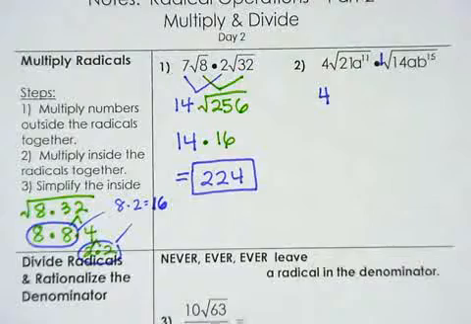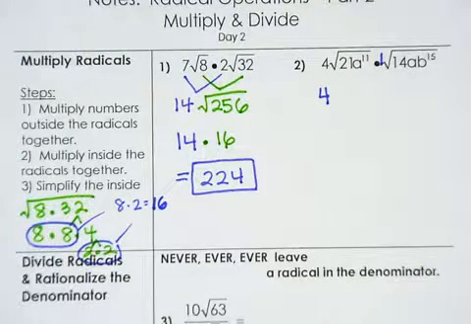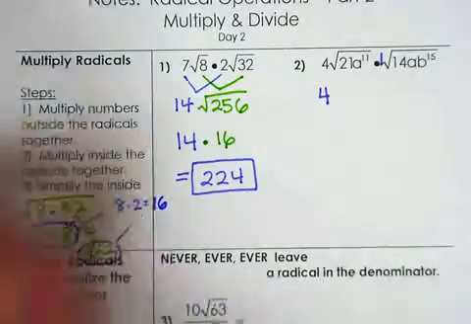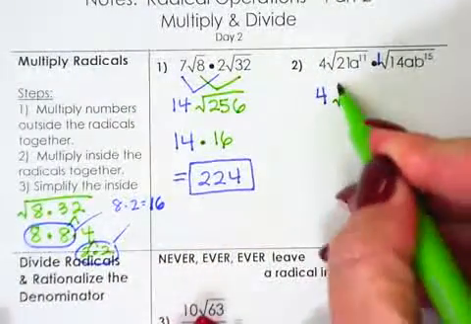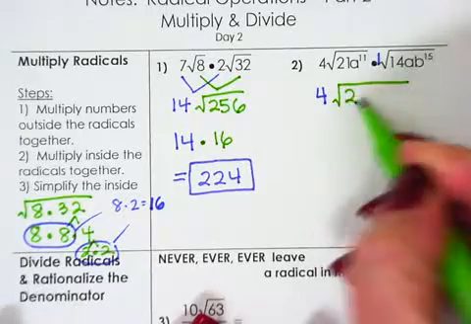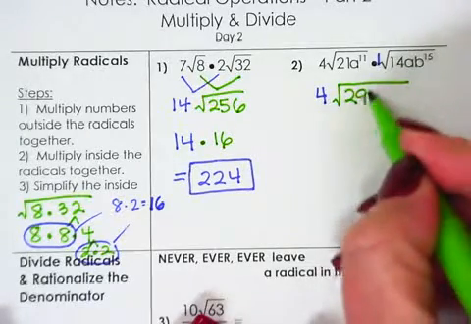Sorry, guys. Let me get my calculator so I know what 21 times 14 is. It's a big number, 294. So that becomes the square root of 294.